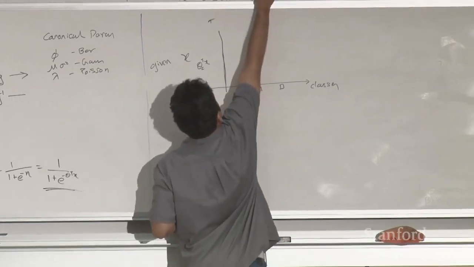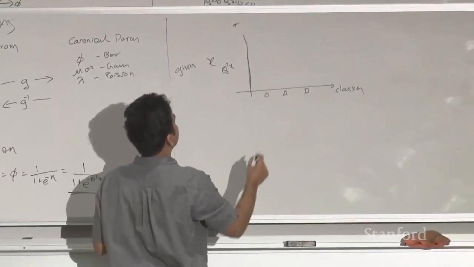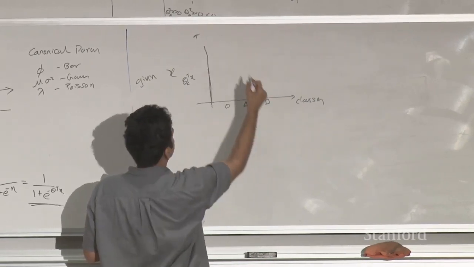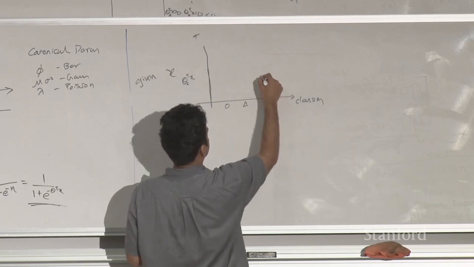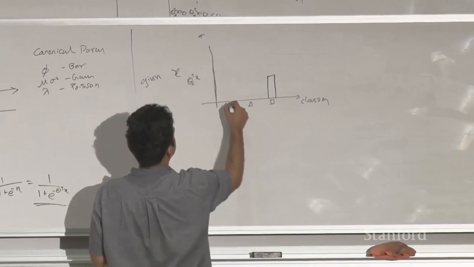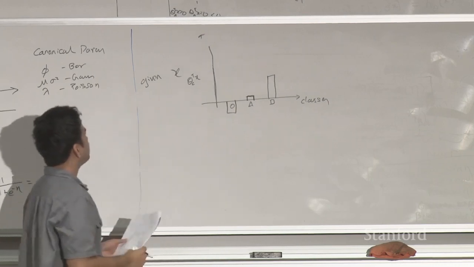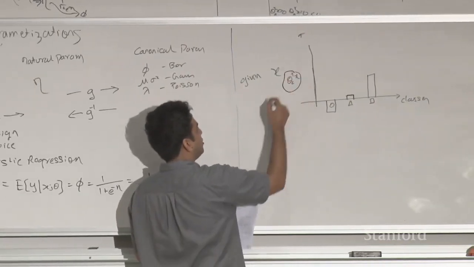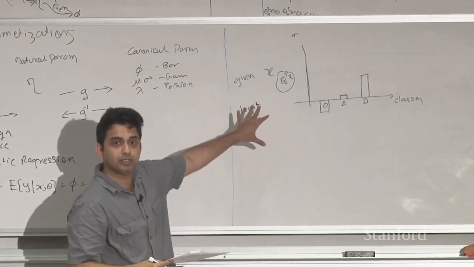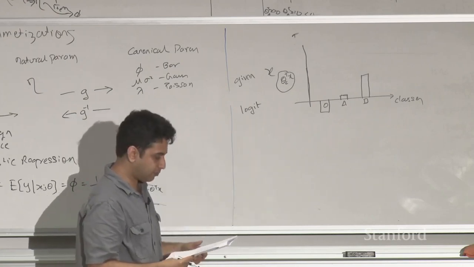Let's say for a new point x over here, we would have theta square transpose x be positive, and maybe for the others some negative values. This space is also called the logit space. These are real numbers, not a value between 0 and 1. They are between plus infinity and minus infinity.